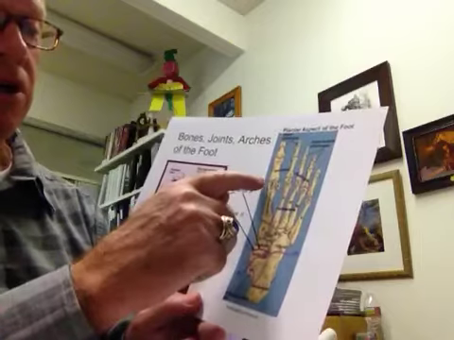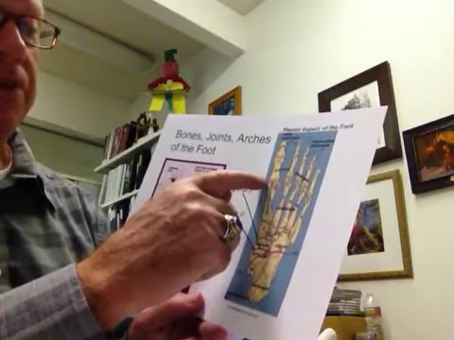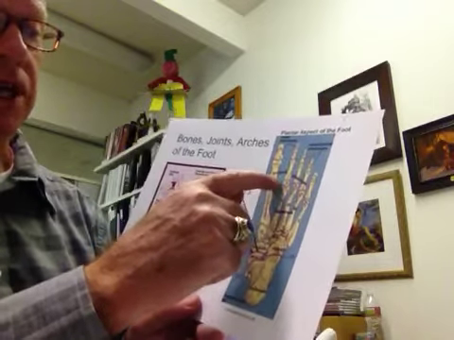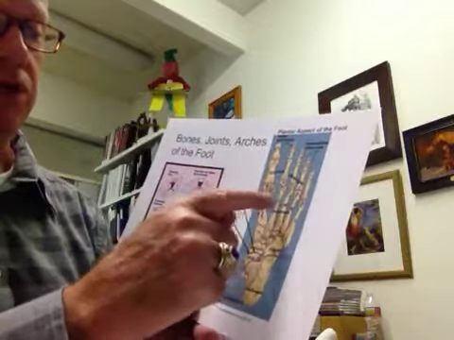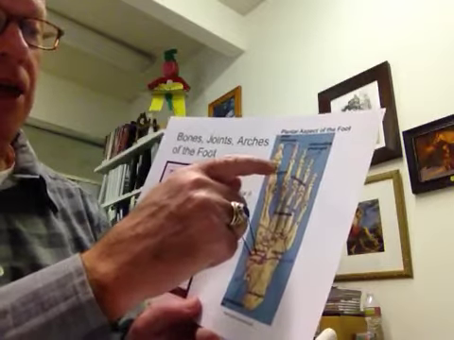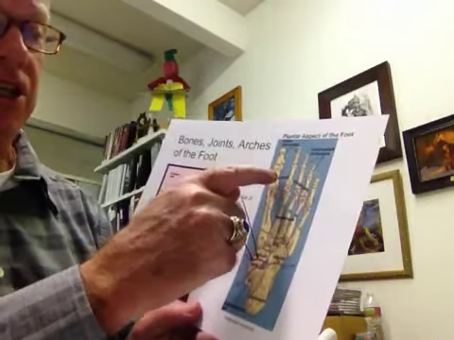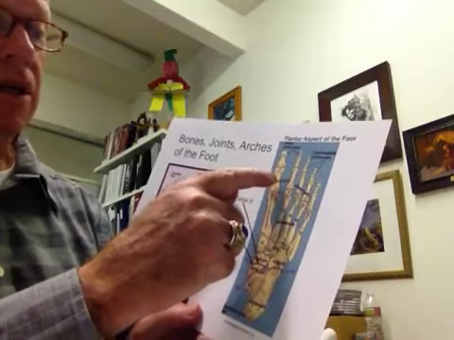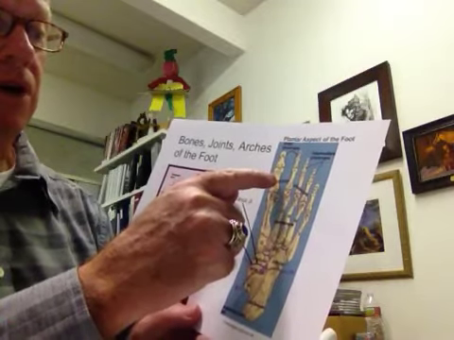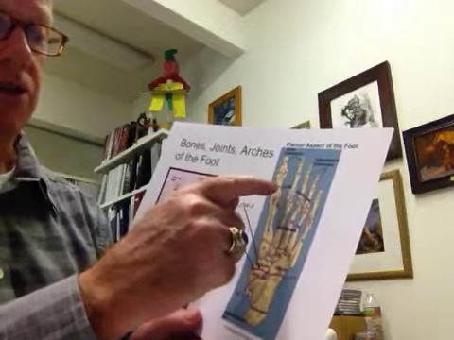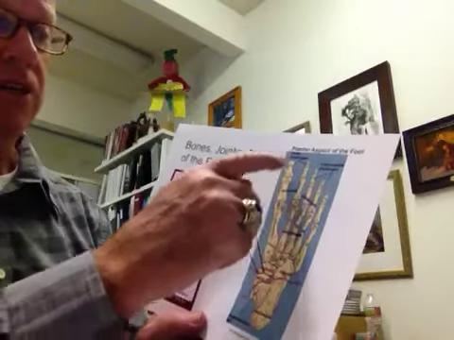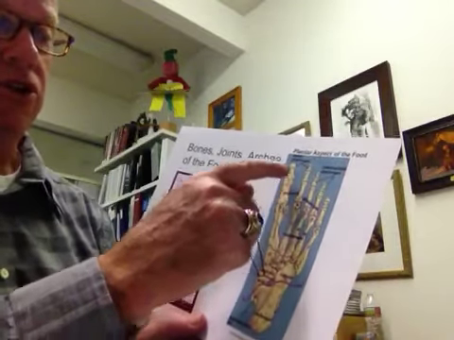And then you know that the MTP, metatarsal phalangeal joints, are where the toes join the foot. In the skeletal architecture of the great toe, called the hallux, there are just 2 phalanges.